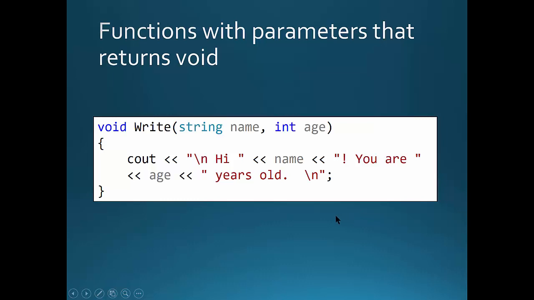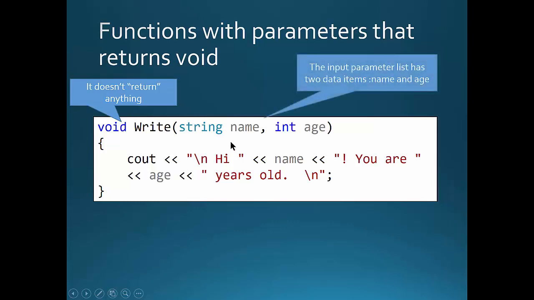Here we have another format of a function. In this case, this function doesn't return anything. It's declared as void, but it does take 2 parameters. And notice that the parameters look like variable declarations. They have a type and an identifier.